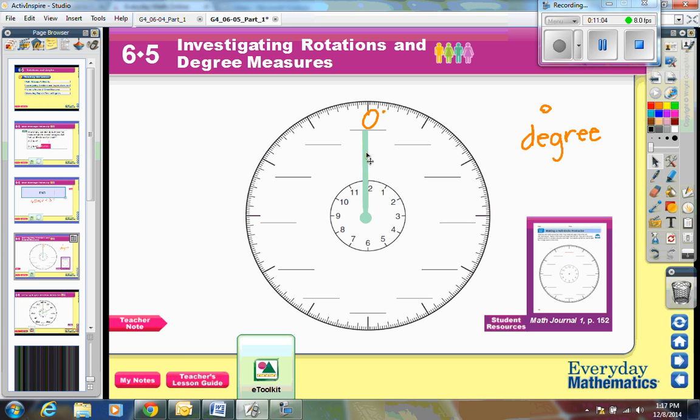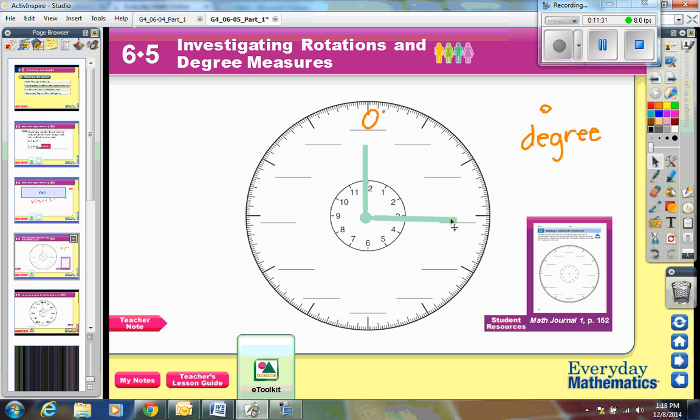Now this time I want you to show me a quarter turn. Model a quarter turn clockwise. If I cut my clock in half, one vertically, one horizontally, the first quarter is my large mark, like so.